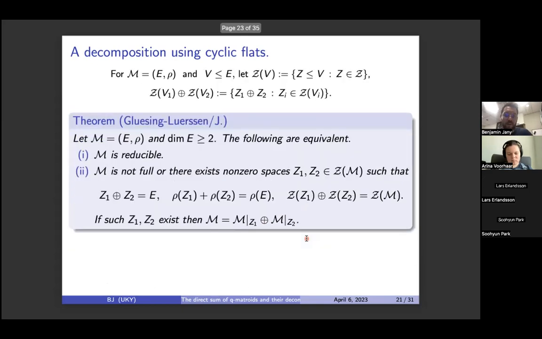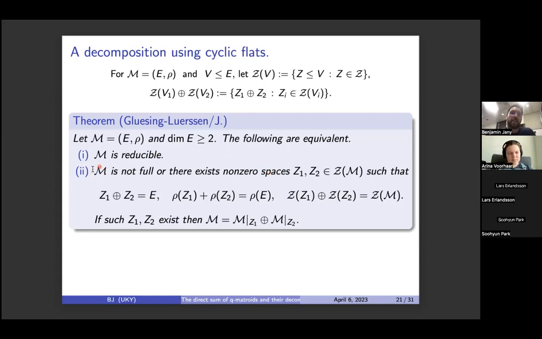So how can we use the characterization of the cyclic flats of a direct sum to find a criteria for reducibility? This result shows we can in fact find a criteria of reducibility via the cyclic flats together with their rank values.